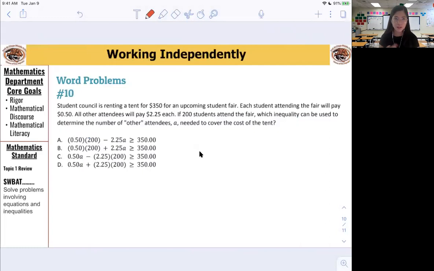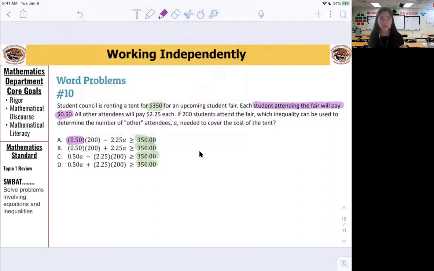All right, so I'm noticing all of them have 350 because that's the total. Cool, that's easy. Then I see this situation where I have 50 cents and then I have the 200. There's kind of some interesting things going on. So I'm going to look, where does this 50 come from? That 0.50 comes from the price of student tickets.